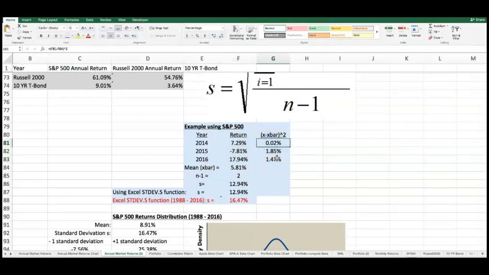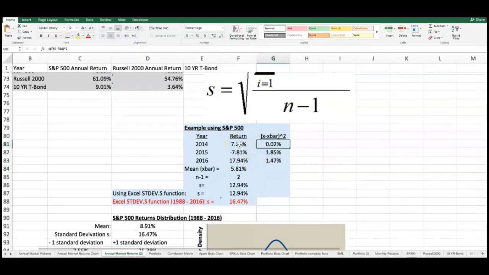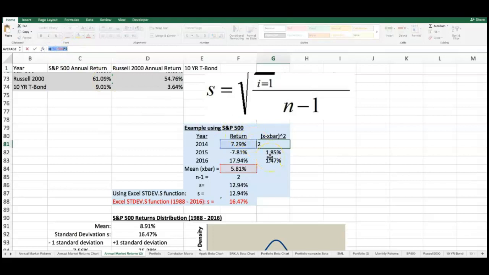To calculate the X minus the X bar, the average return over those 3 years is 5.81%. So if we take 7.29%, subtract 5.81%, and then square that, as you can see what we've done here in the equation up here, we get 0.2%.